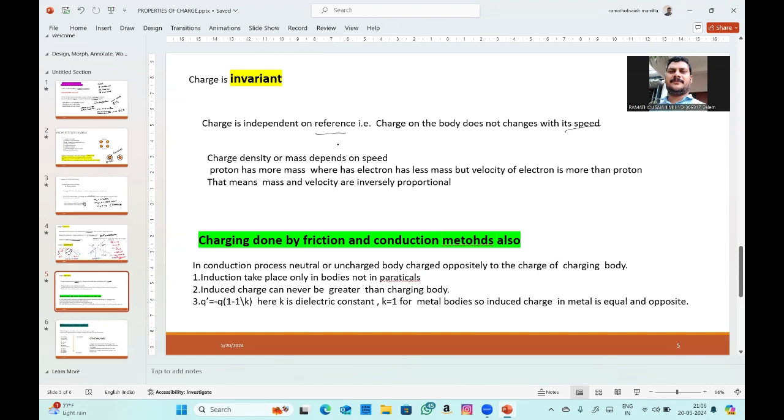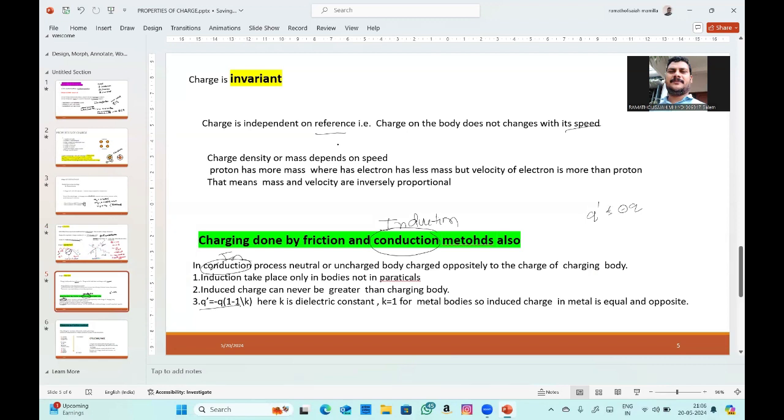So the next method is the induction method, not conduction. In the induction process, an uncharged body gains a negative charge, meaning the opposite charge. The induced charge is equal, for metals, to the opposite charge.